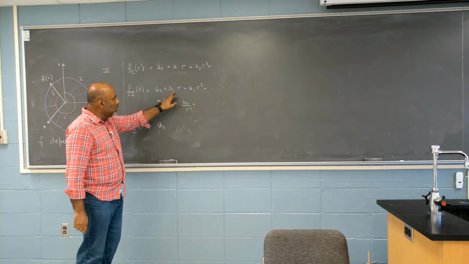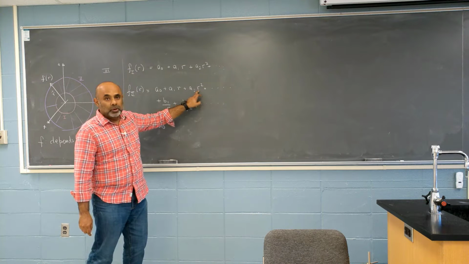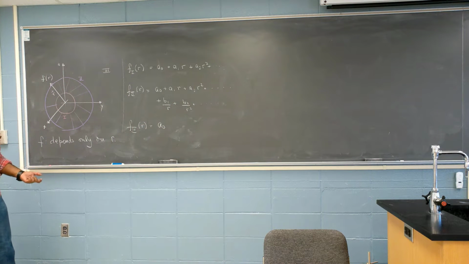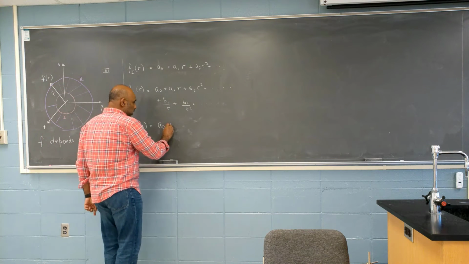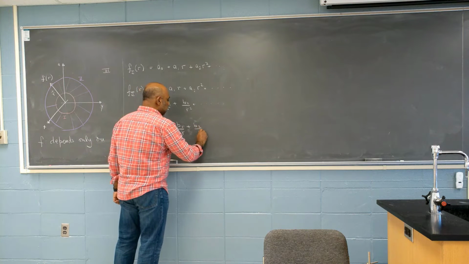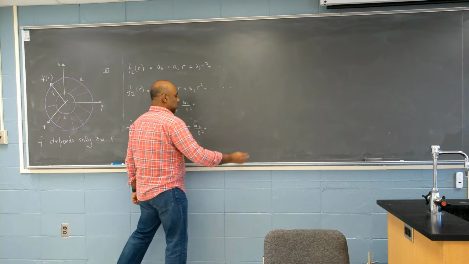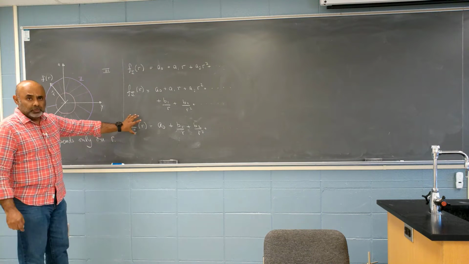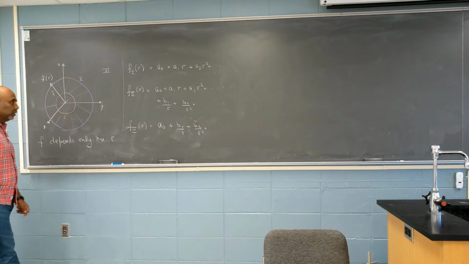But it can no longer have terms proportional to r squared, r cubed, and so on, because as r approaches infinity, these values will go to infinity. Instead, it could have b1 over r, b2 over r squared. All right, so that is another important point. Really, for us, this is the region that'll be most important.